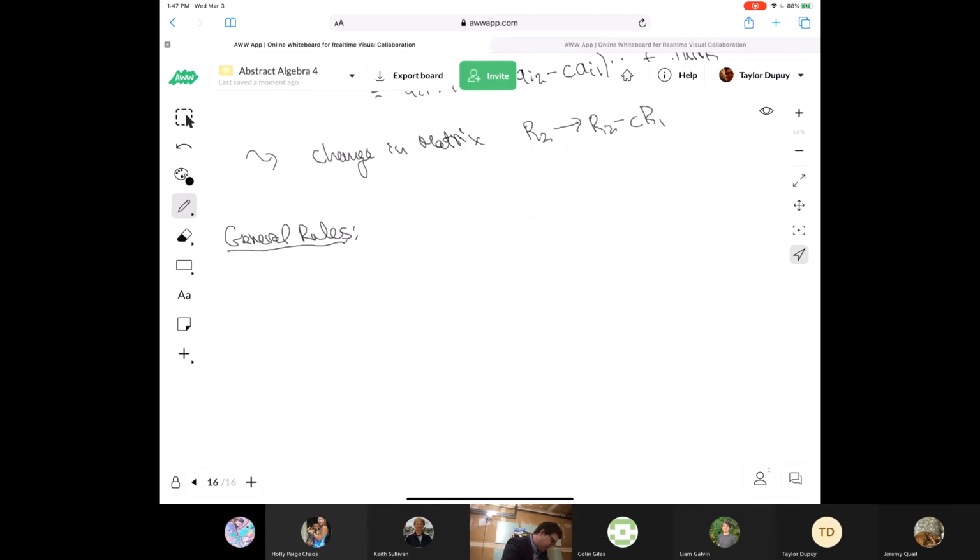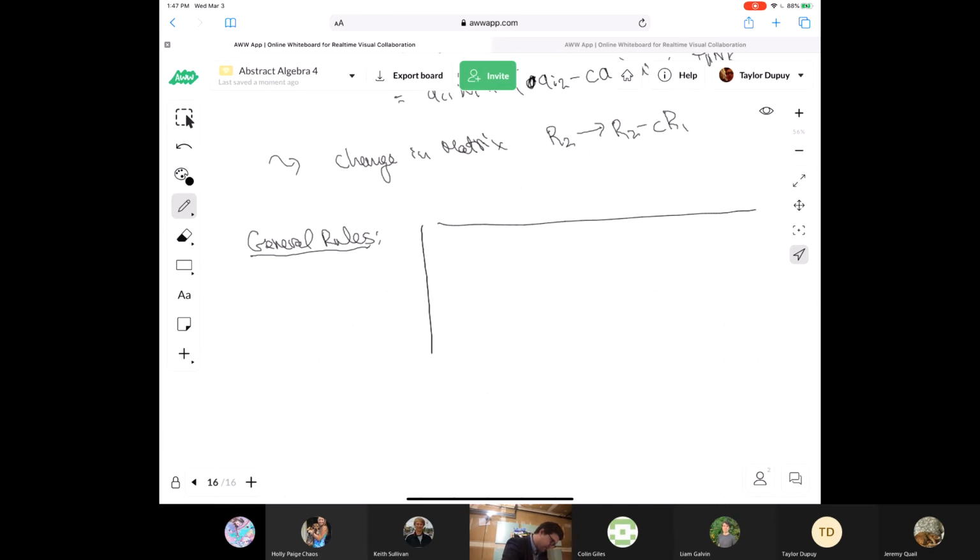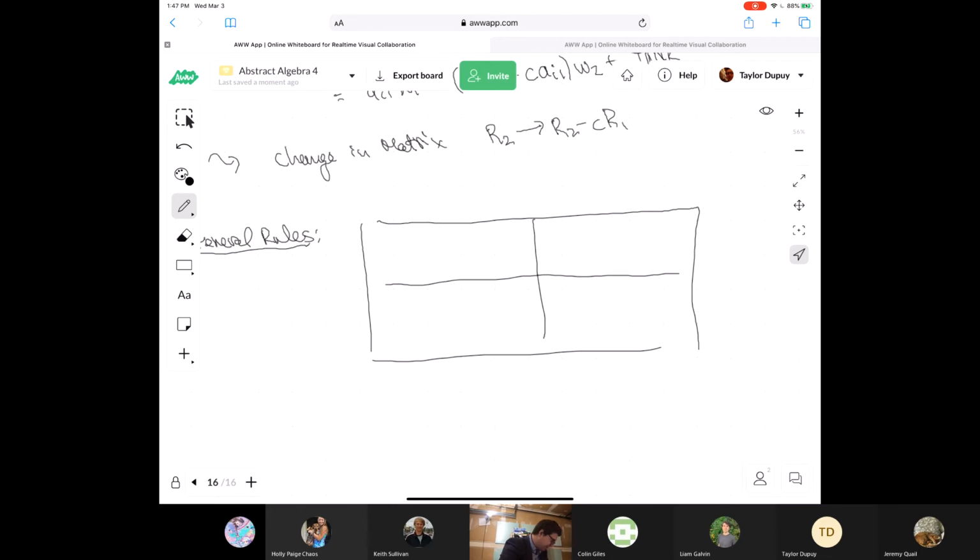Okay, so here's what we have. The change in basis. If I replace the ith basis vector with itself plus a constant multiple of the other, then the column goes to the column plus a little constant times the second column.